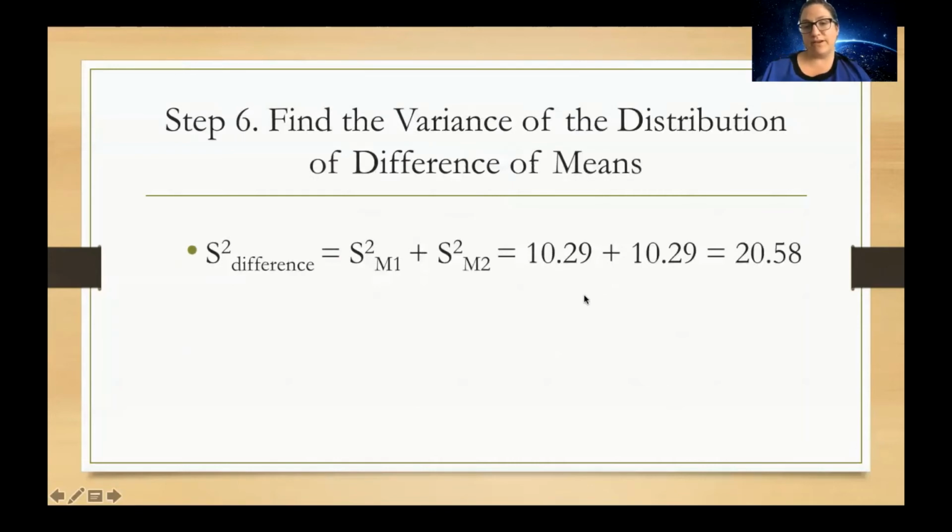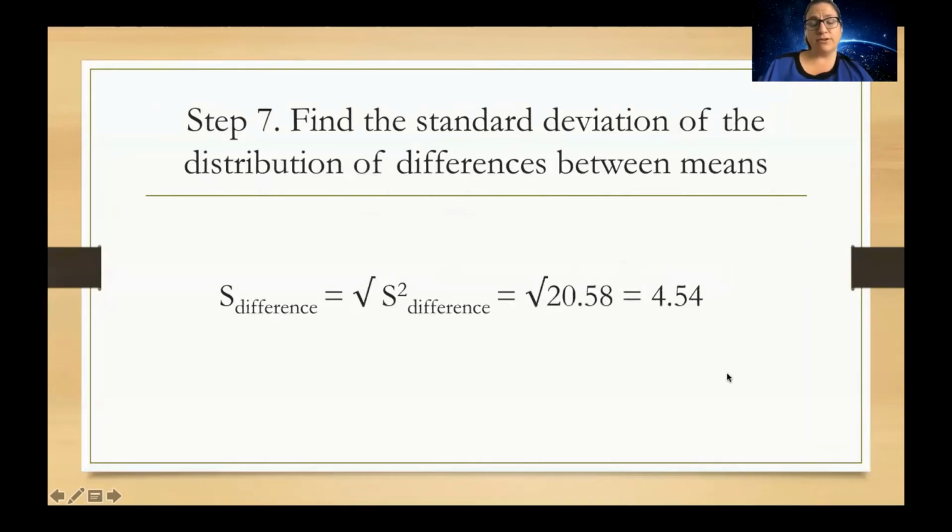Then you're going to find the variance of the distribution of differences between means. You just add those two numbers together, so the variance of the difference of means here is 20.58. Step 7, you're going to find the standard deviation of that number. When you have the variance, you take the square root.